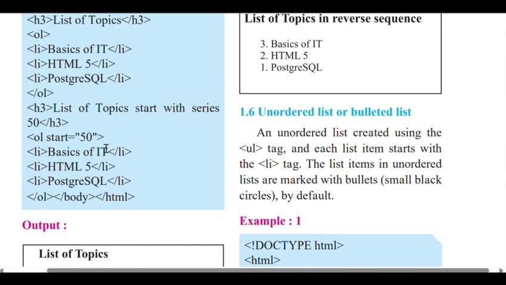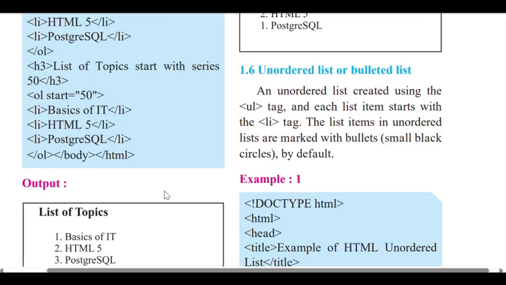So all the topics will start from 50, that is 50, 51, 52, 53, like this, not below the 50. So list basics of IT, list close, HTML5 list close, PostgreSQL list close. Now again we are closing ordered list, body, HTML.